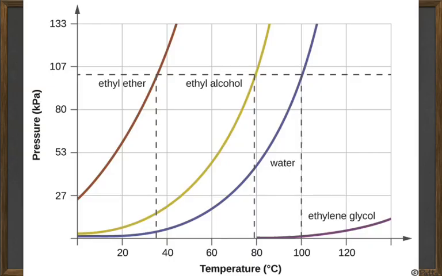Just to illustrate, molecules like water that are polar and can make hydrogen bonds tend to have a much higher boiling point, the gasification temperature, compared to other molecules, like in this case here, apolar molecules that are going to be vaporizing at a much lower temperature.